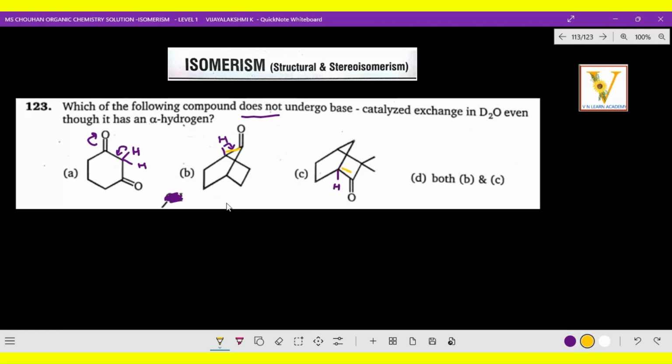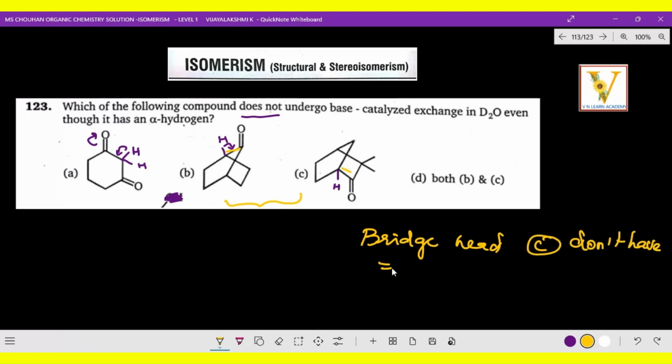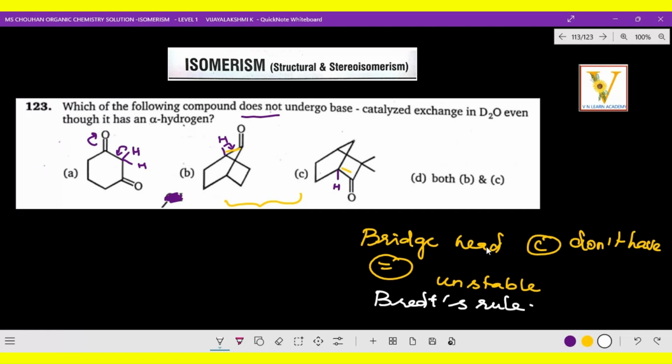So in these two compounds, a bridgehead carbon is available. Bridgehead carbon does not have a double bond because it would be unstable. You know what that rule is? It's the Bredt's rule, the bridgehead rule. Bridgehead carbon does not have a double bond.